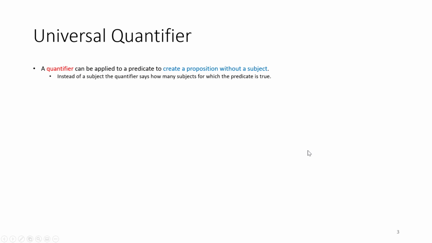Okay, so the idea of the predicate allows us to start to make different kinds of logical sentences, and these are logical sentences that are a little bit harder to work with than just propositional logic. And the sentence that we might want to consider is a sentence that applies universally. Now, when we say something applies universally, we mean it applies to everything, or it applies to maybe everything in a category.